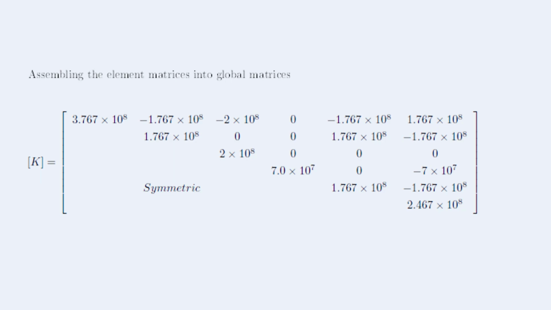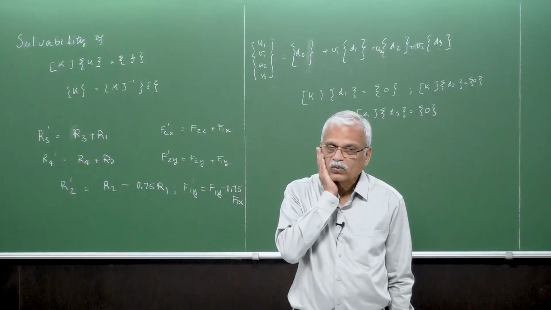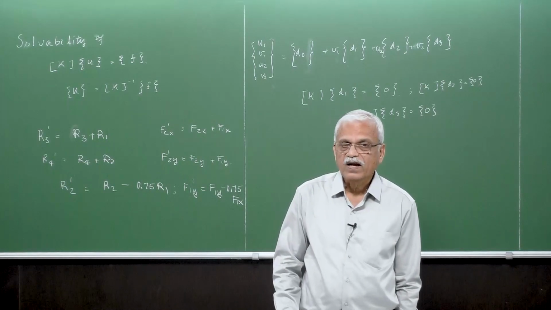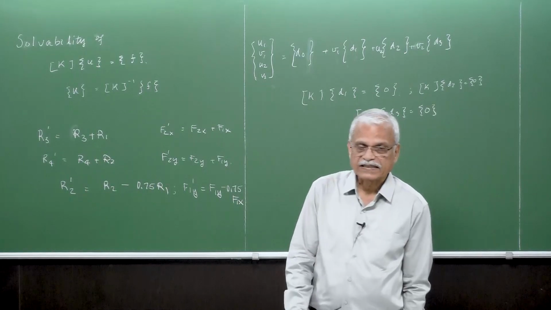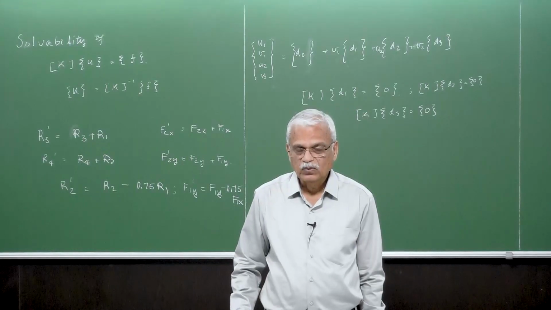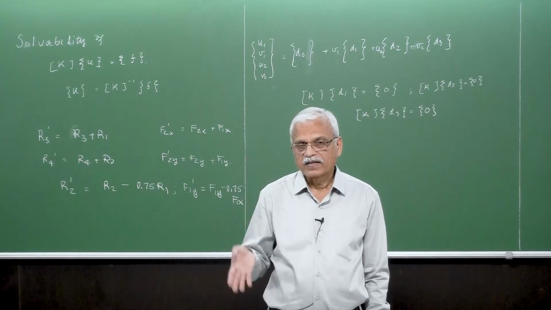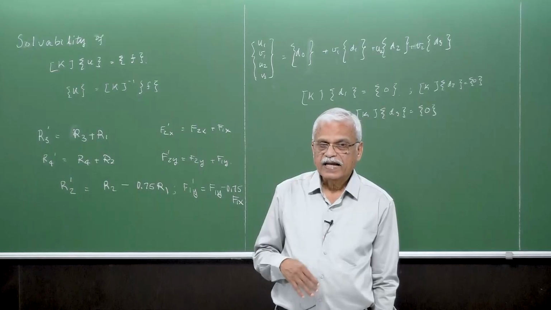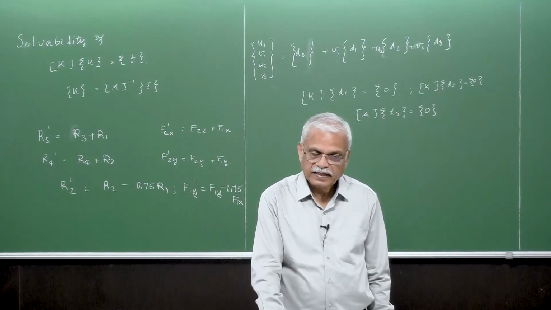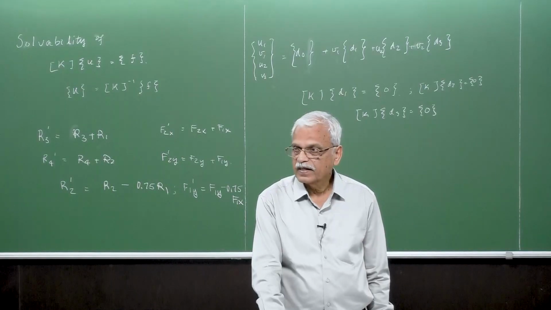What about the other force components at nodes 2 and 3, like F2x, F2y, F3x, F3y? We call them reactions. That will come out as a solution: for the application of the load, what are the reactions by the supports. That can be calculated if needed.